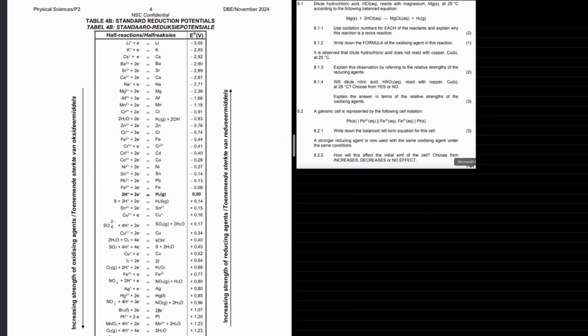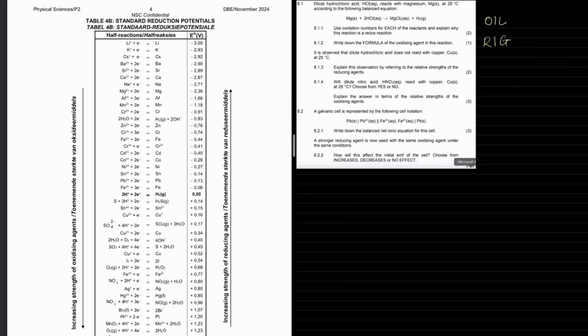Now remember, OIL RIG. OIL, oxidation, is loss of electrons, and RIG, reduction, is gain of electrons. So in this reaction, something needs to lose electrons and something needs to gain electrons for this to be a redox reaction.